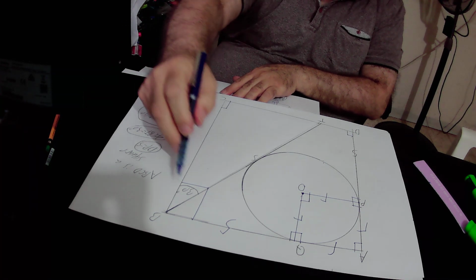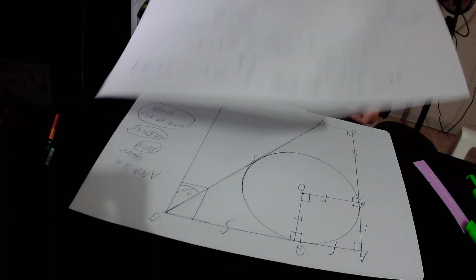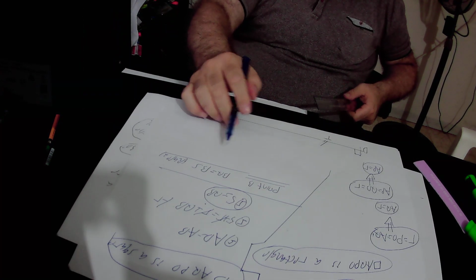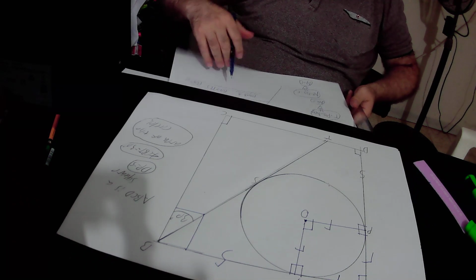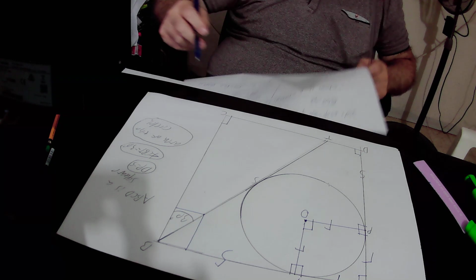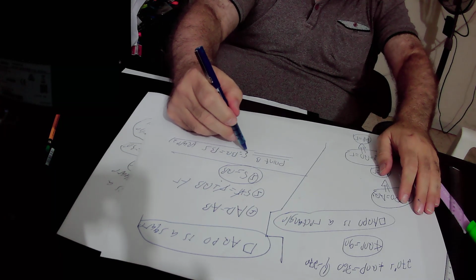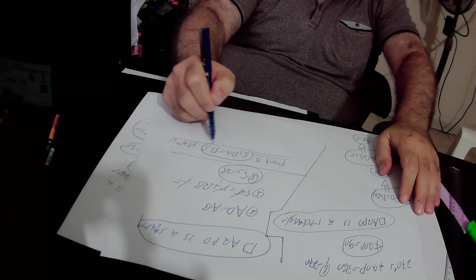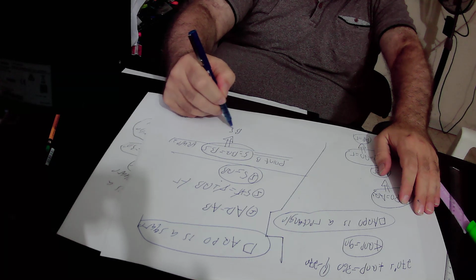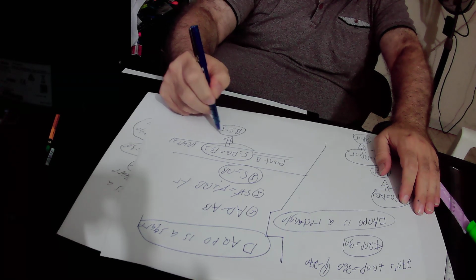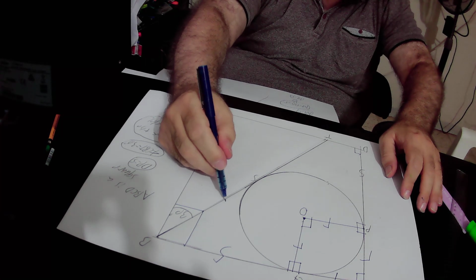So BQ equals BS. But we have already found out that BQ equals 5. So from this equation, 5 equals BQ equals BS, we derive that BS is also equal to 5.